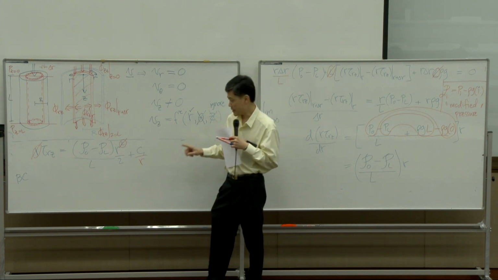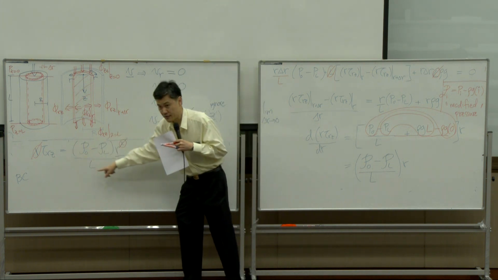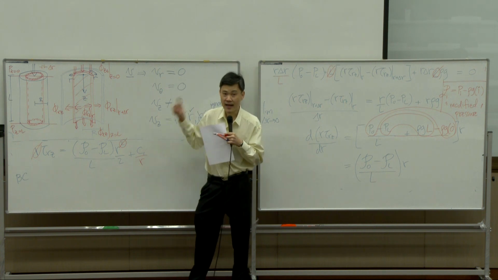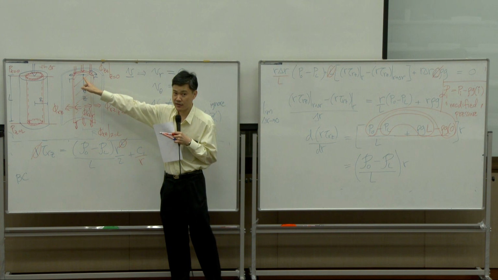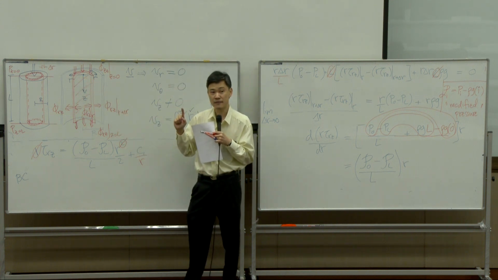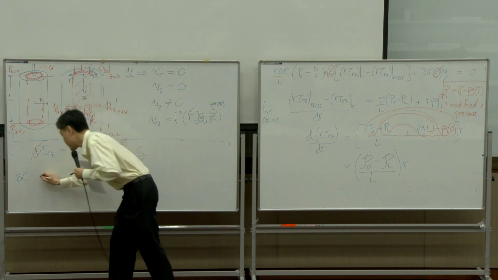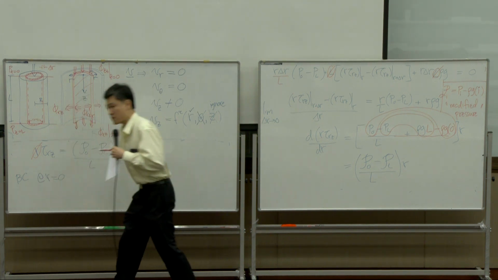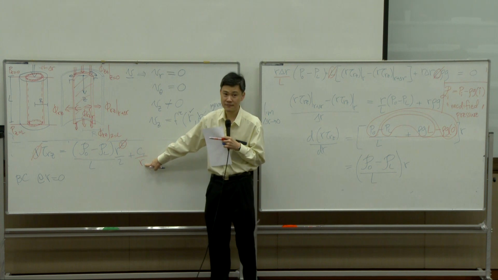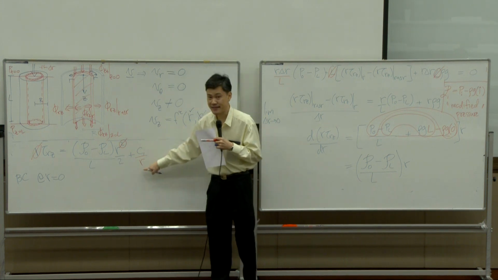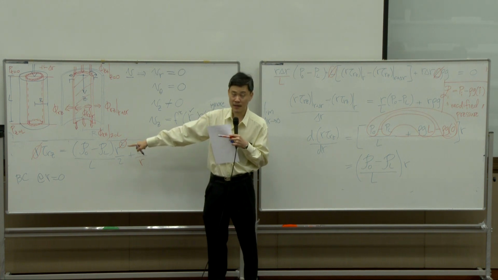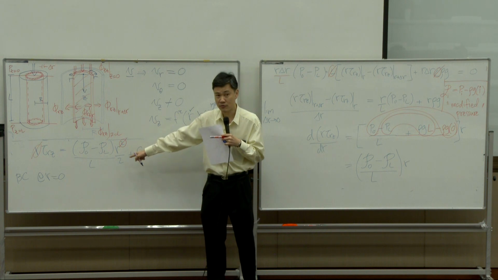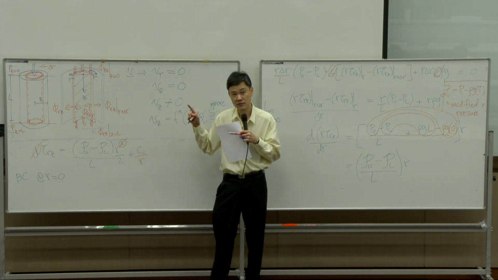And the trick that I said is, this equation is applicable everywhere in the system, including at the center. At the center, r is 0, right? So, at r equal to 0, if this term exists, the equation is not solvable. But you know that this equation is applicable to the whole system, including at the center.